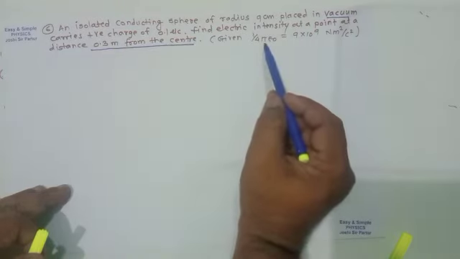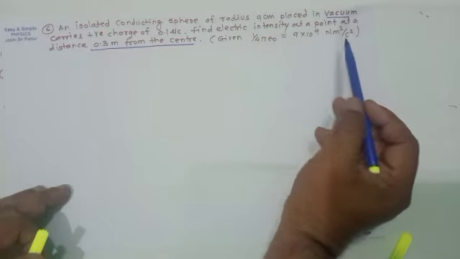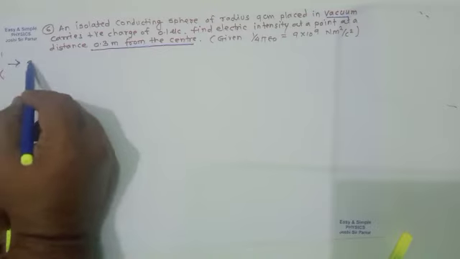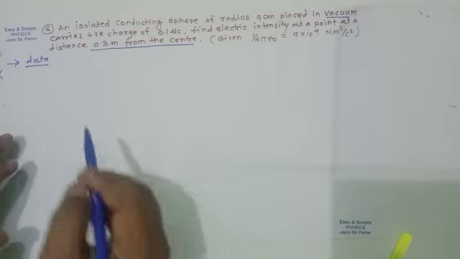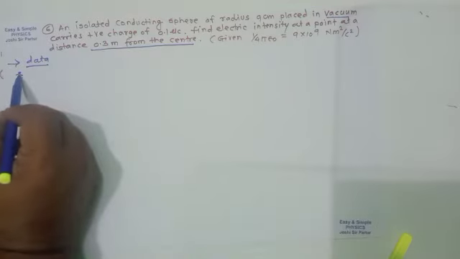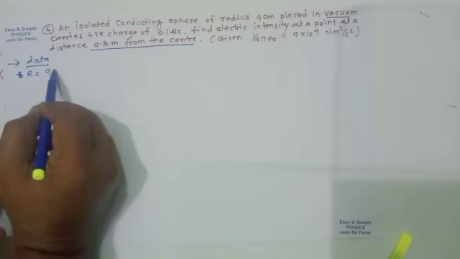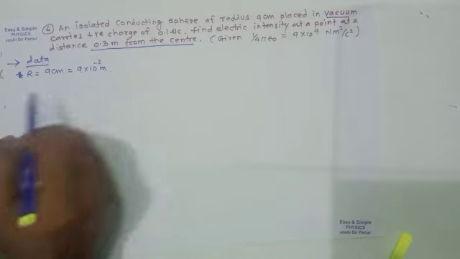Given the value of 1 upon 4 pi epsilon 0 is 9 into 10 raised to 9 Newton meter square per Coulomb square. For this example we can represent the data. Here the radius of the charged sphere is 9 centimeter, that is 9 into 10 raised to minus 2 meter.